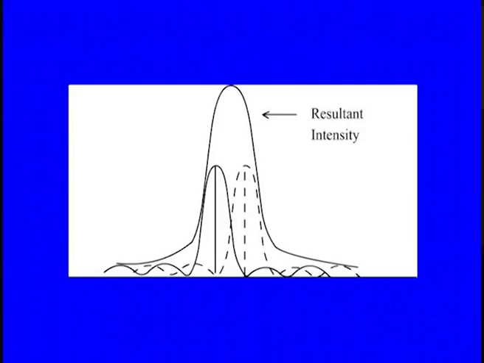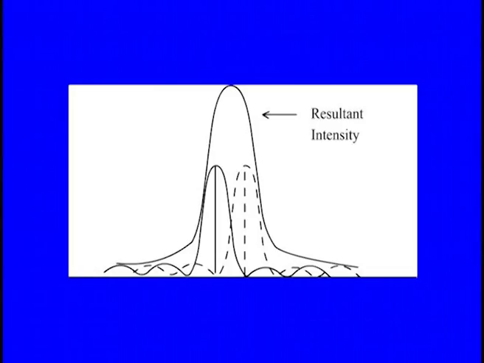But if lambda 1 is less than lambda plus d lambda, the two spectral lines come still closer and the intensity curves of the principal maxima show considerable overlapping.